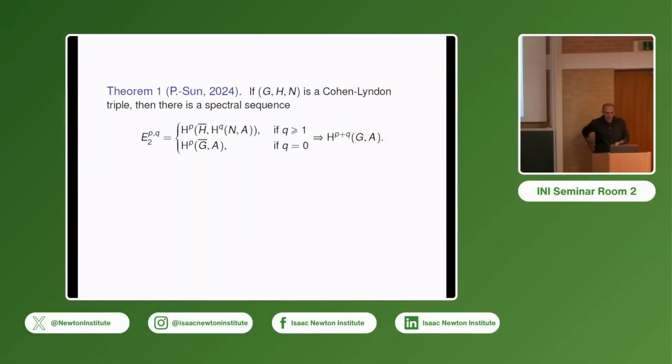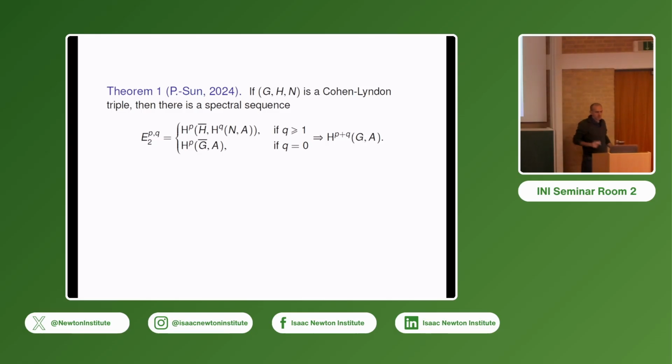Right. So this is a spectral sequence. It's interesting because it connects all the players in the game. So we have H bar, G bar, G, and N, I guess. So they appear. What's crucial is that the normal closure doesn't appear.